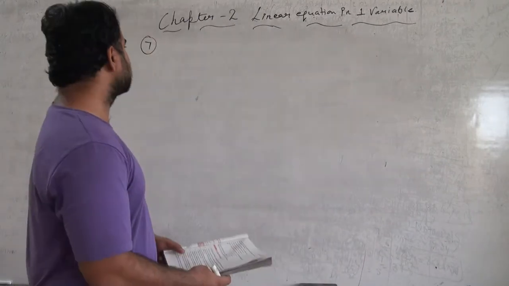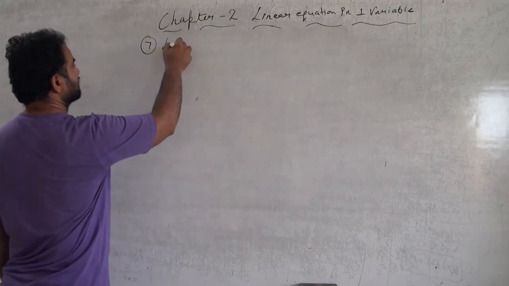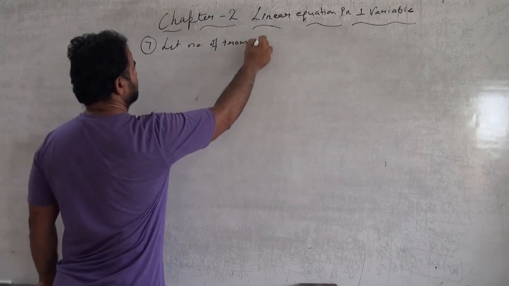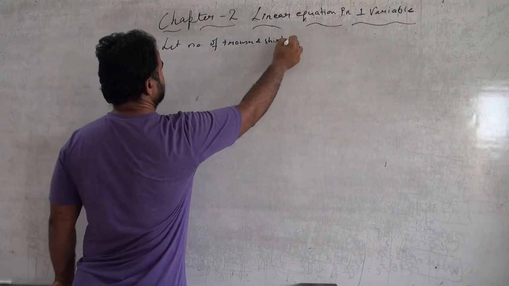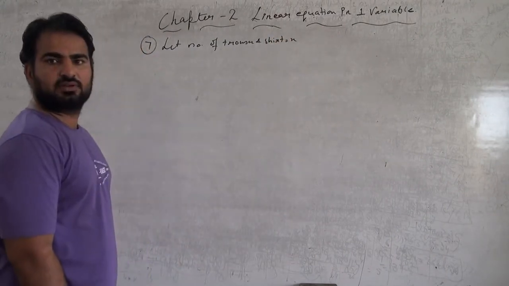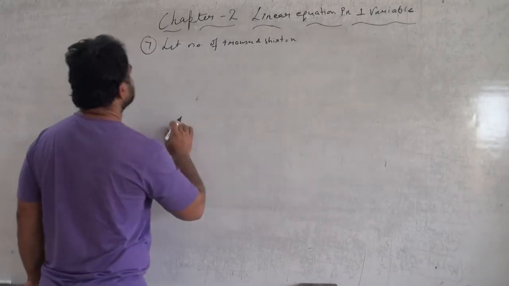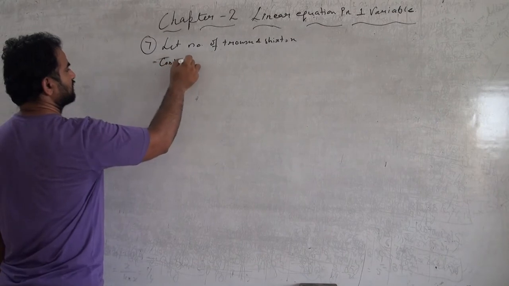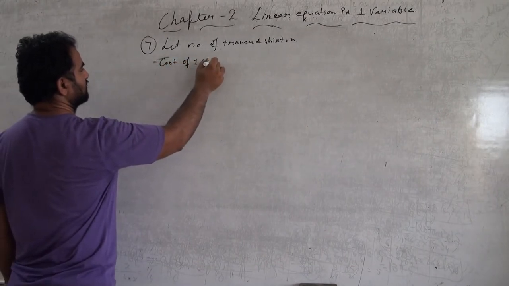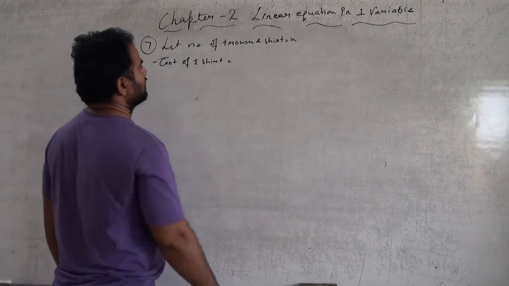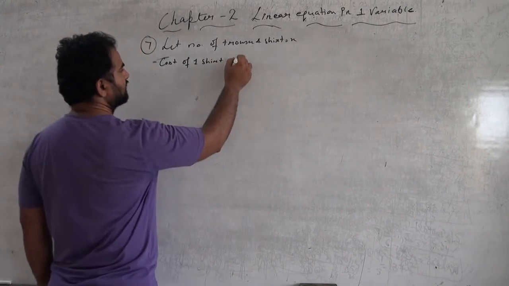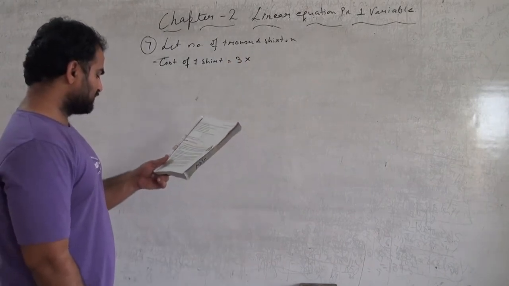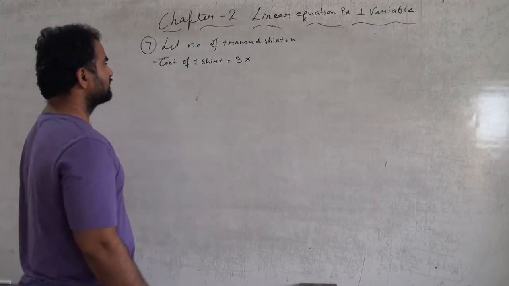Okay, so what we have to do is just let the number of trousers and shirts equal X. Okay, so cost of one shirt equals to, okay, he buys 3 meter cloth for a shirt and the shirt cost per meter cloth is 50.